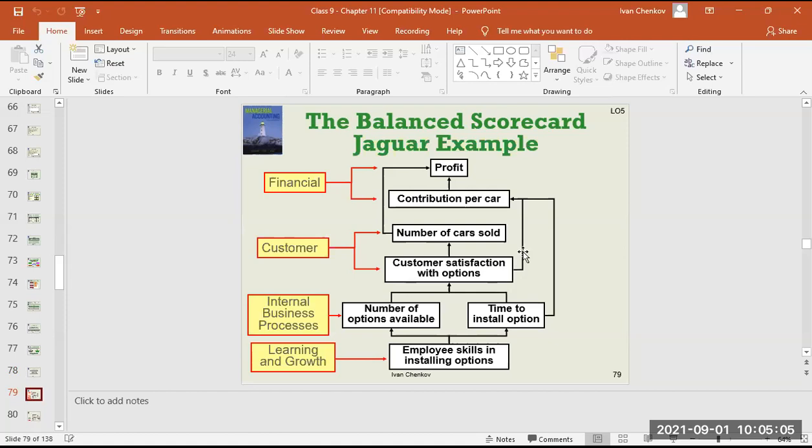More customer satisfaction, more contribution per car, more profit. If those two fail, then you have to go learn and grow. You have to identify what you can improve in any of those stages. But you have to start from learn and grow. And then you can improve the internal business process. Once you improve the internal business process, that's going to increase the customer satisfaction. That's going to transfer to the profit.